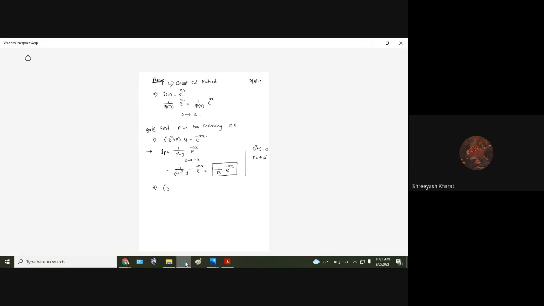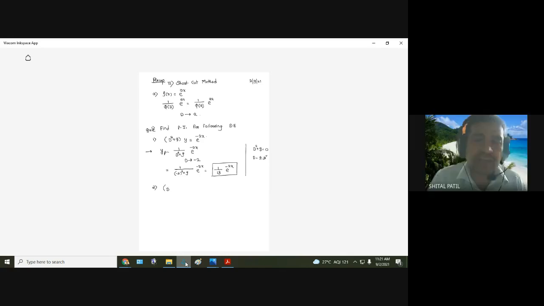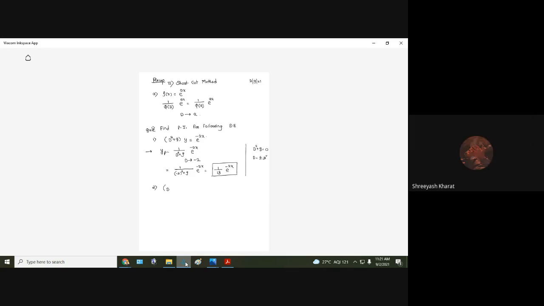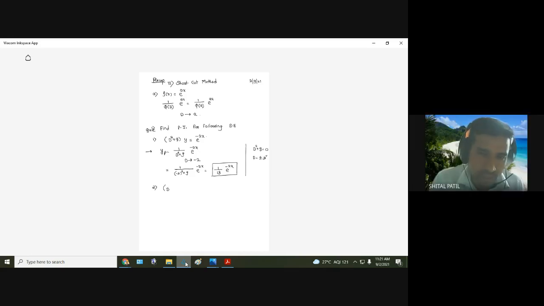I'm understanding your question. I'll give you n number of examples where the shortcut method is not applicable, but for that you have to keep patience. For the time being, we have to understand what the shortcut method is and how it can be applied for the function e raised to ax.